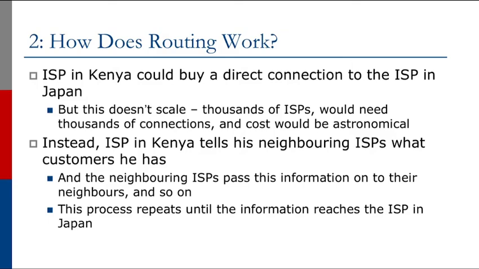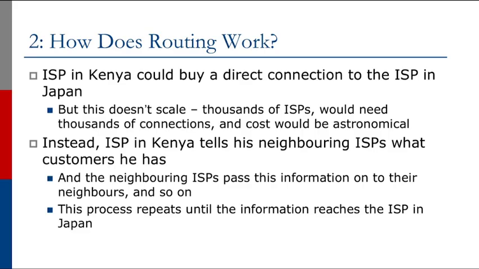Remember that two-way packet flow is needed for communication between any two devices. The ISP in Kenya could buy a direct connection to the ISP in Japan. However, this would not scale, for it would mean that thousands of ISPs would have to buy connections to all other ISPs they need to talk to, thereby making the operational costs astronomical.